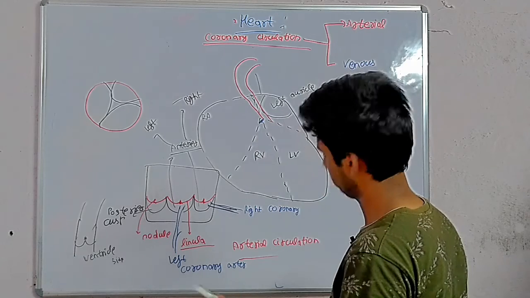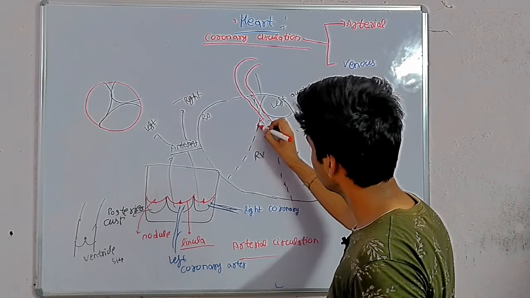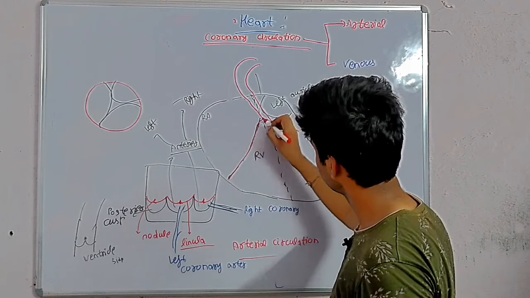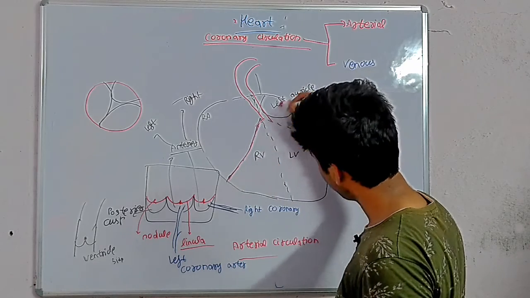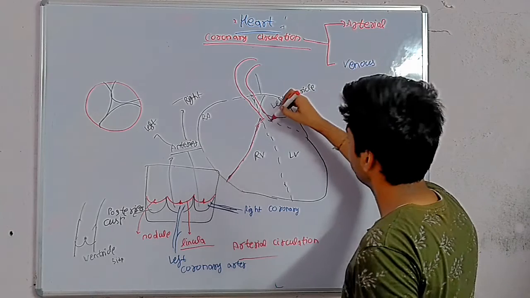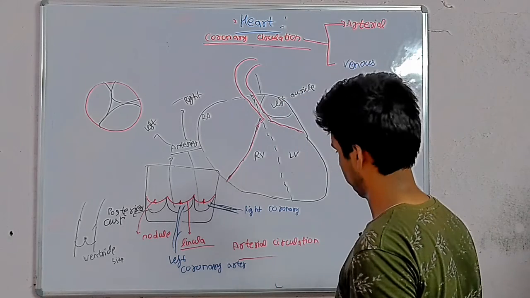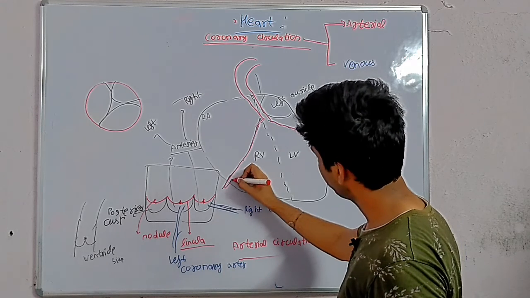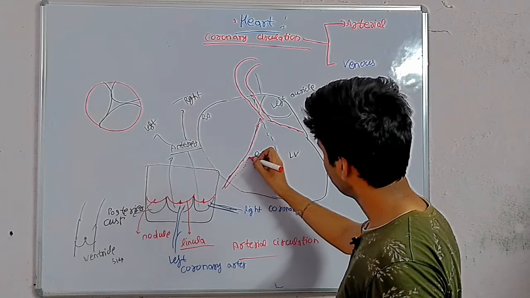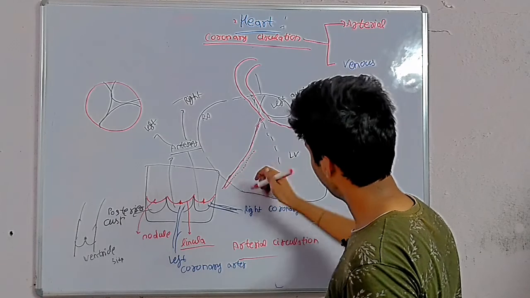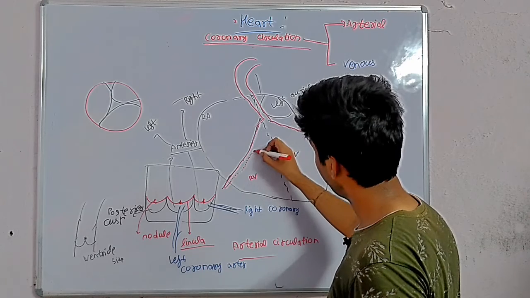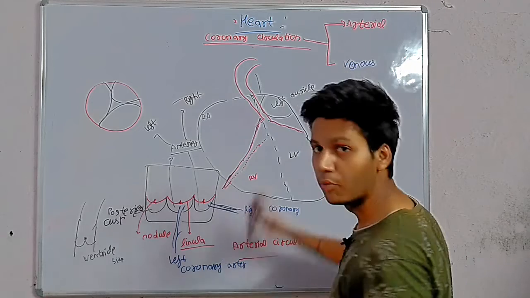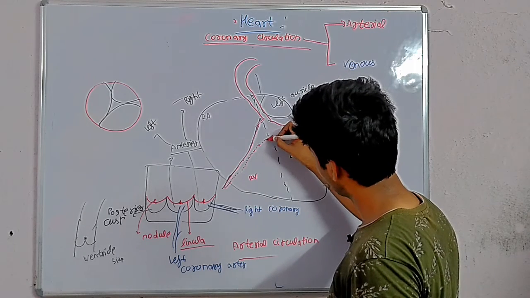One artery goes in the coronary sulcus anteriorly, and the one artery goes to this side. Now it goes posteriorly, continues in the coronary sulcus, and then here it divides near the posterior interventricular sulcus between the two ventricles.